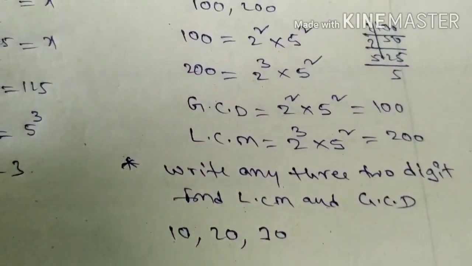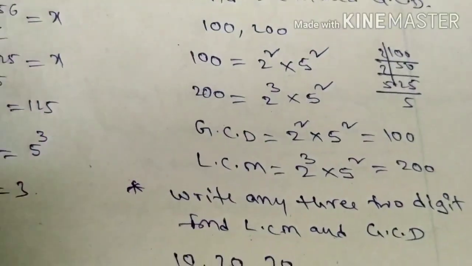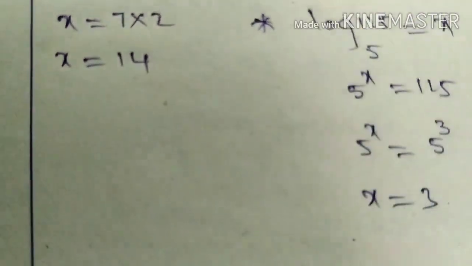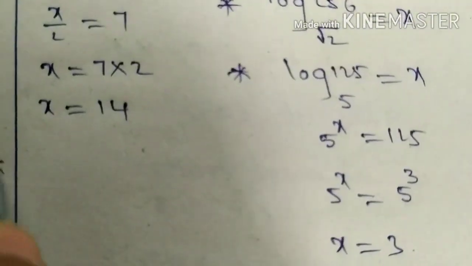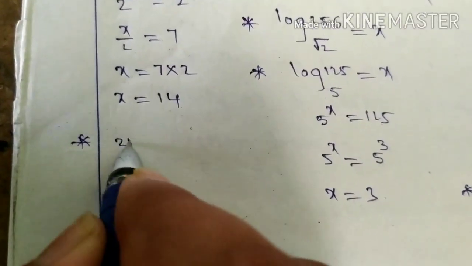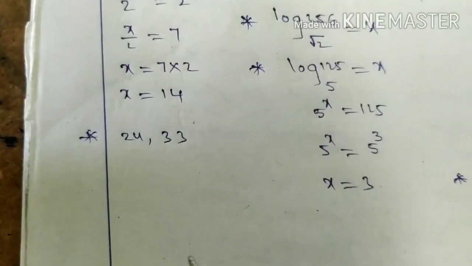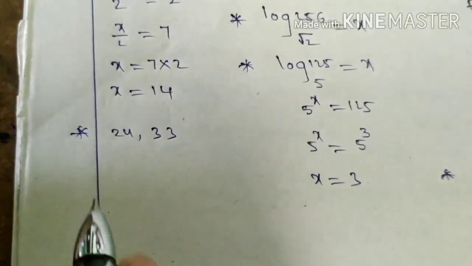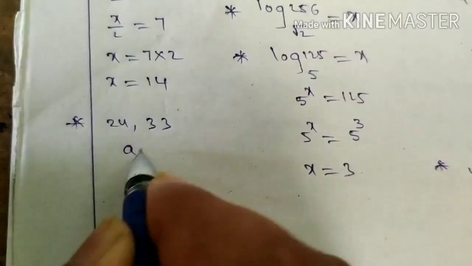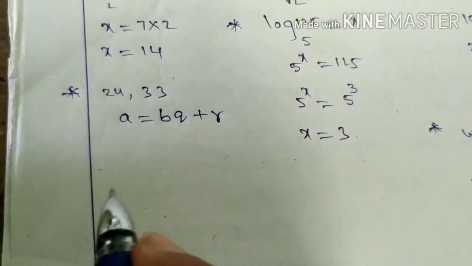Next, HCF finding by the division method, Euclid division lemma method, for two numbers. So find HCF by Euclid division lemma method. For suppose take 24 and 33. Find GCD by division algorithm. So we know that a is equal to bq plus r. This is the division algorithm.